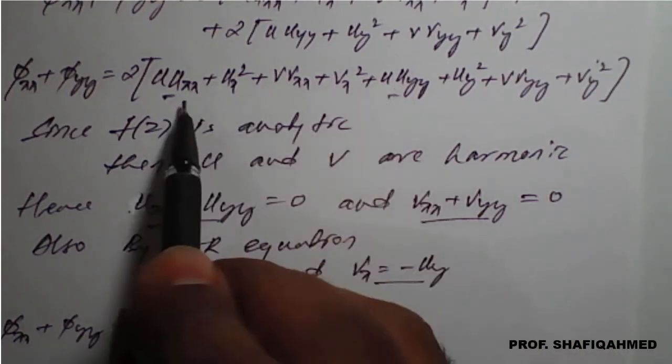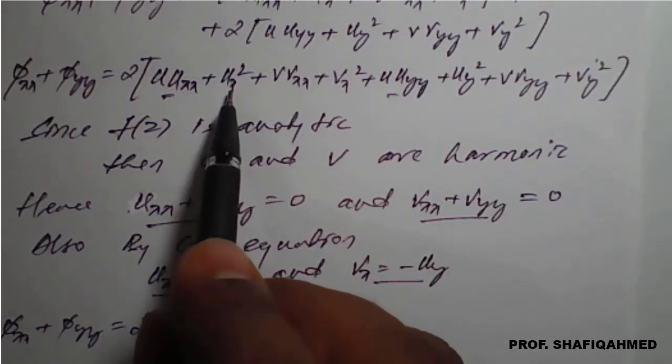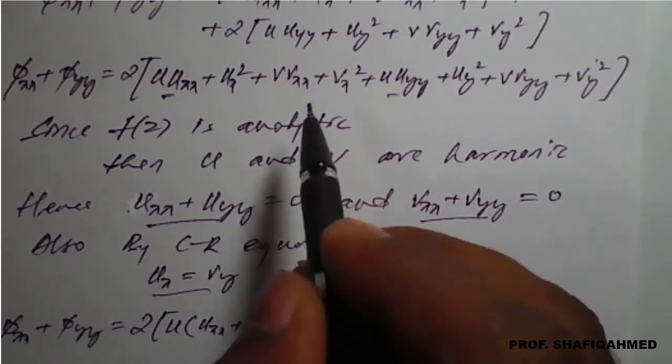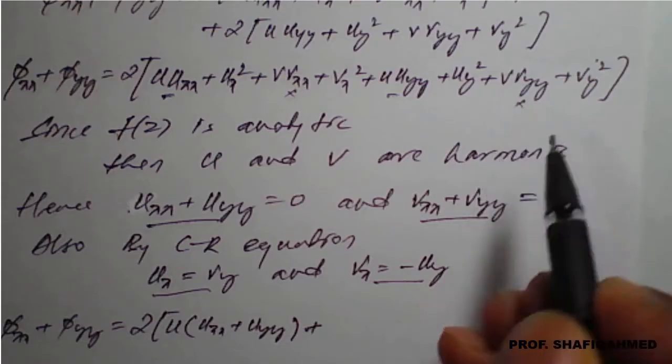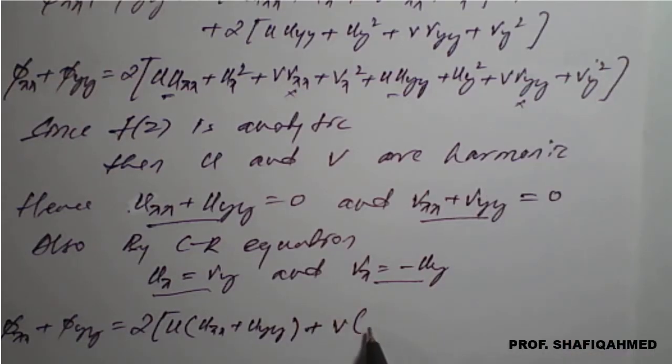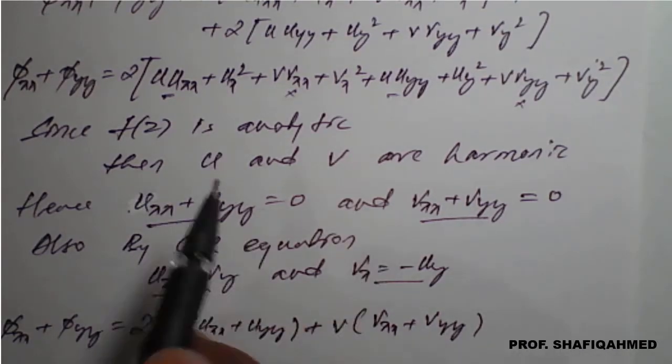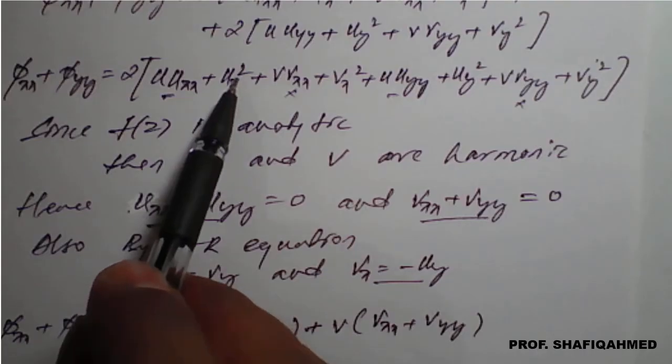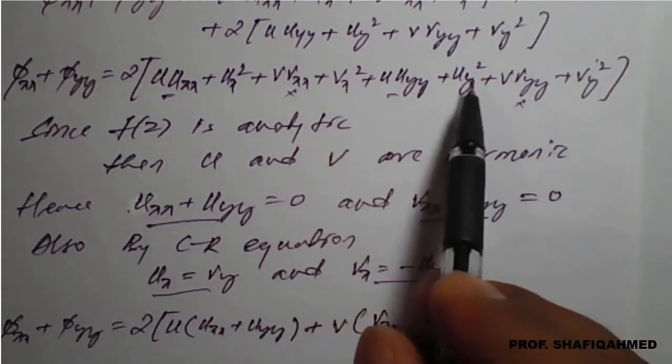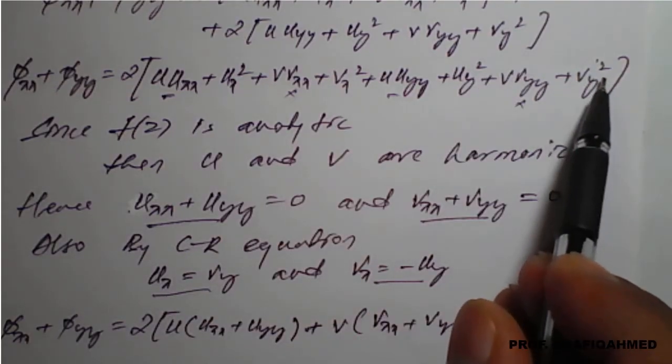Among these two terms if you take u common, we'll get this, fine, plus again among these two I will take v common, so it will be vxx plus vyy, fine. Then we are going to be left with this ux square, vx square, uy square and vy square.